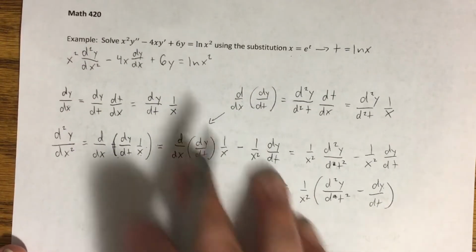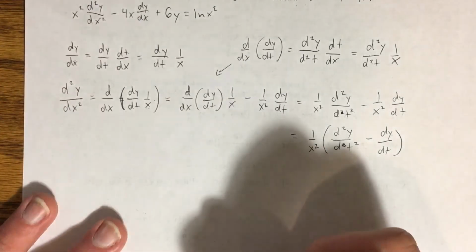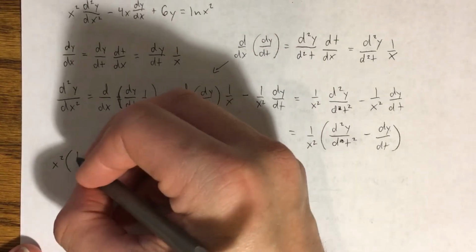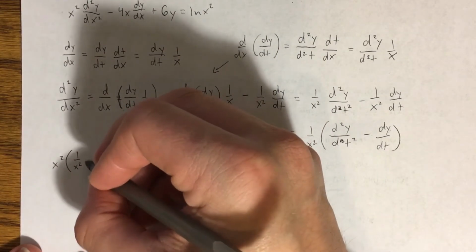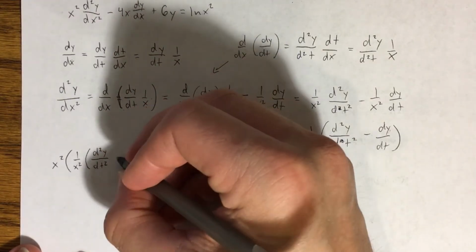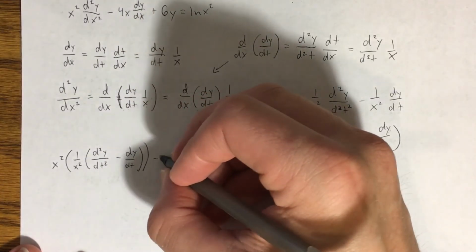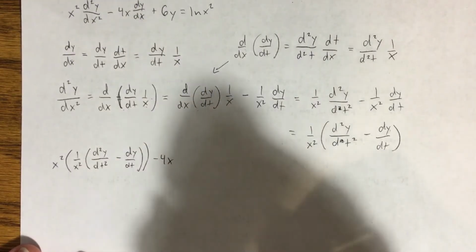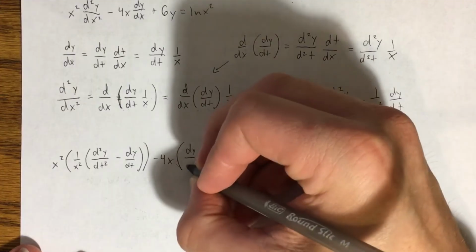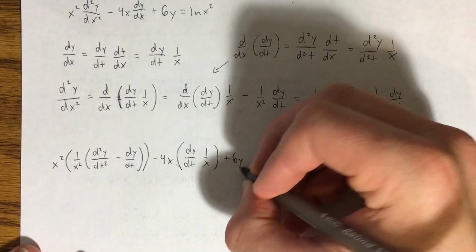Taking these and plugging them into this differential equation up here, I'm going to get x squared times that second derivative, which looks like 1 over x squared times the second derivative of y with respect to t minus dy dt, minus 4x times dy dx, but we're going to replace that with this guy, dy dt times 1 over x, and then plus 6y equals.